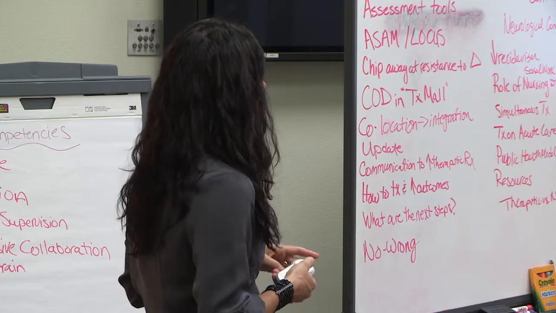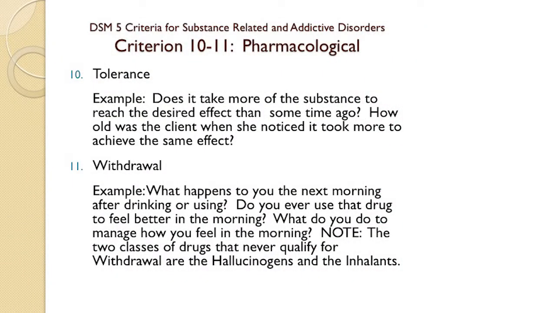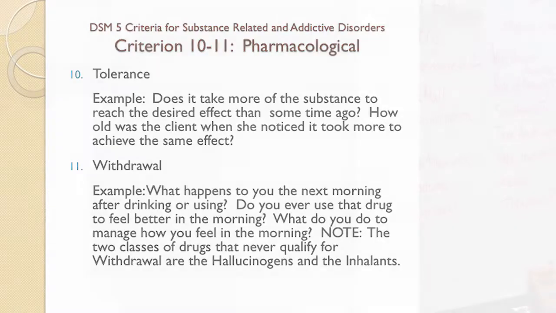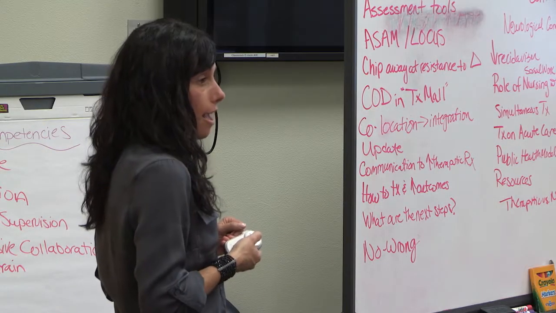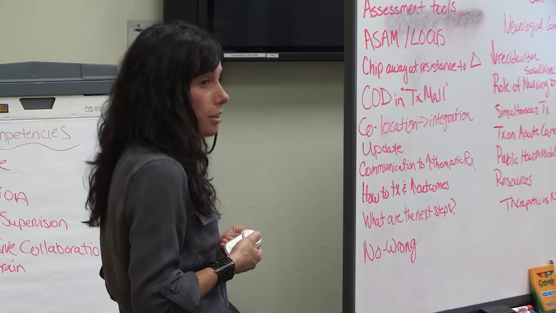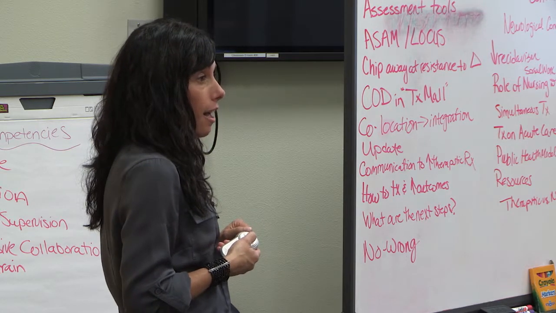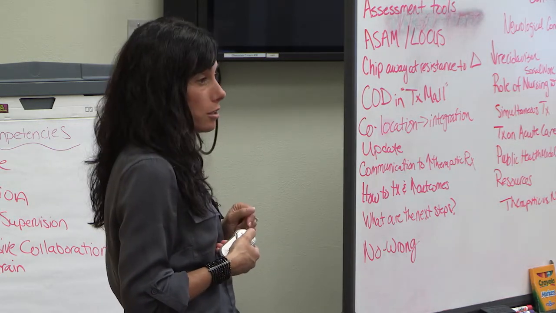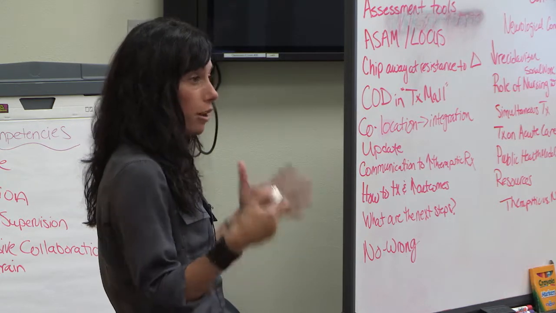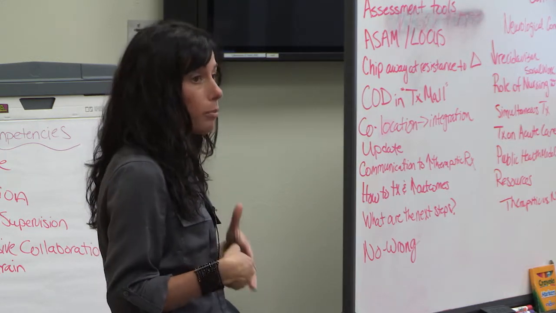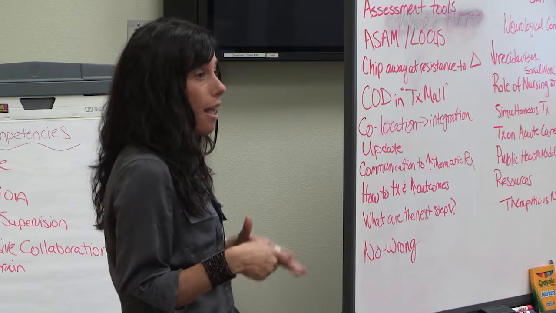Tolerance. Does it take more of the substance to reach the desired effect than some time ago? I was working with a woman that had a severe opiate dependence, and the amount of medications that she was consuming on any given day, if she hadn't built up the tolerance to it physiologically, I mean, her kidneys were shutting down, her body was in dire straits.